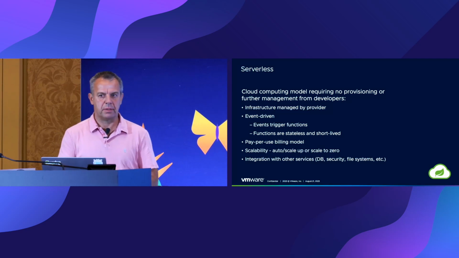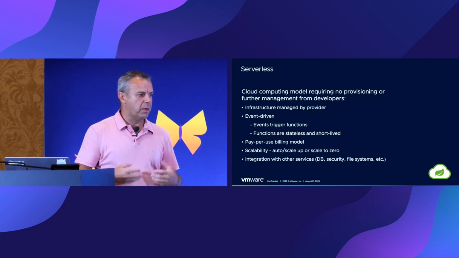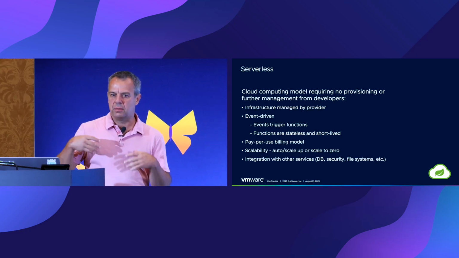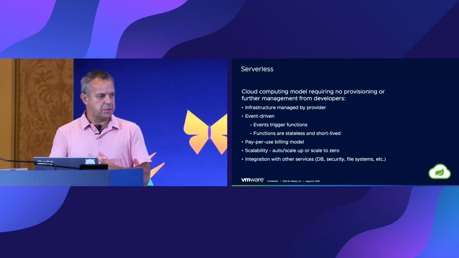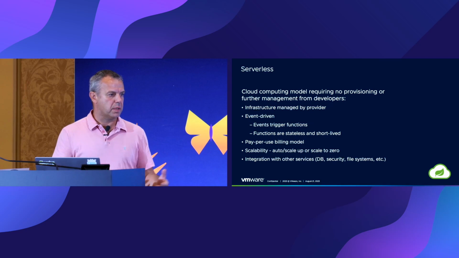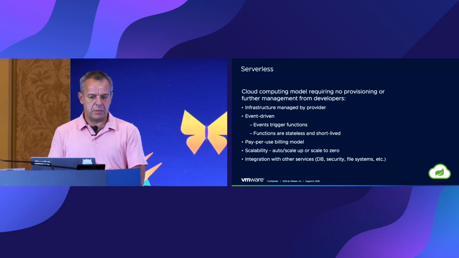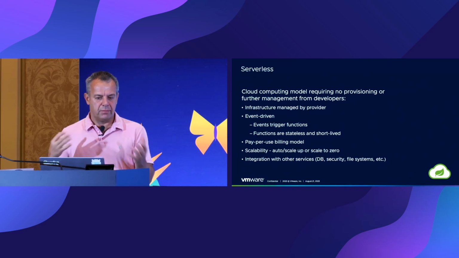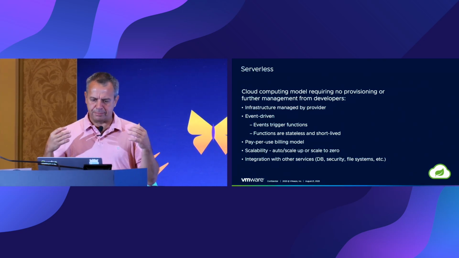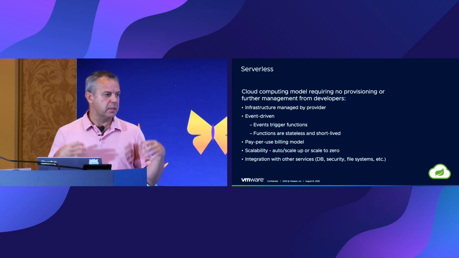They're always there, it's just a question of whether we manage them ourselves or delegate to platforms such as AWS Lambda to do it for us in whatever way they decide to do it, right? So it's infrastructure managed by a provider, it's event-driven, events trigger functions, and functions are stateless and short-lived.